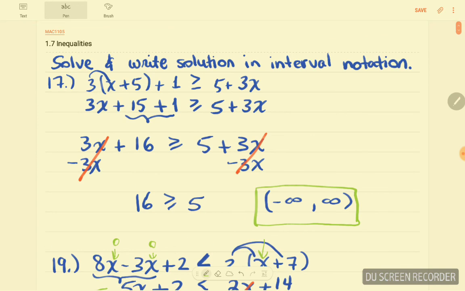But in general, if it's not a rational inequality, if it's one that is linear or quadratic, you're going to solve those the way you would solve a regular equation. Except for a couple of things.